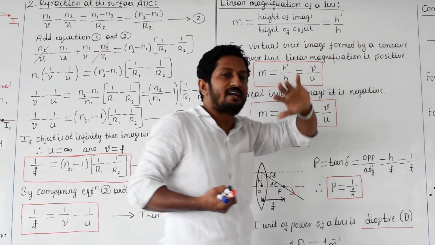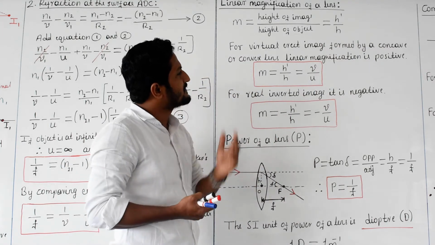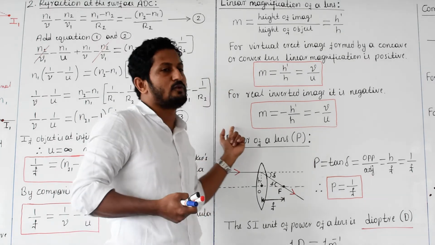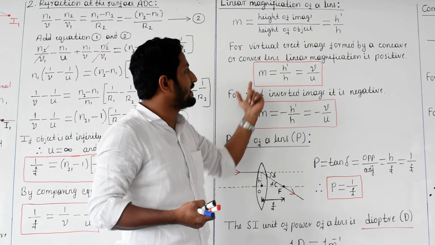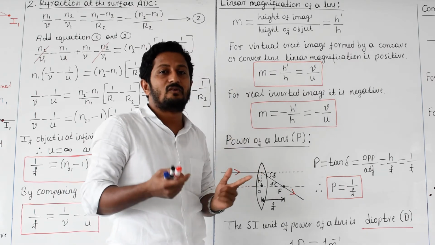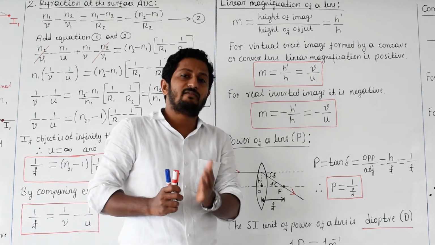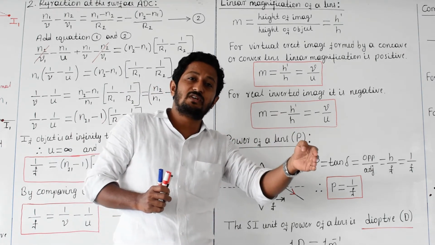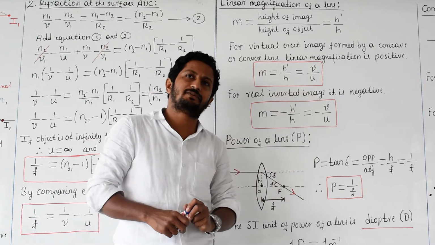H dash is the height of the image and h is the height of the object. See here I have written two formulas. It's a very important concept. You will be using these formulas while solving numericals. You keep in your mind when we have to take it as positive and when we have to take it as negative. Very important.